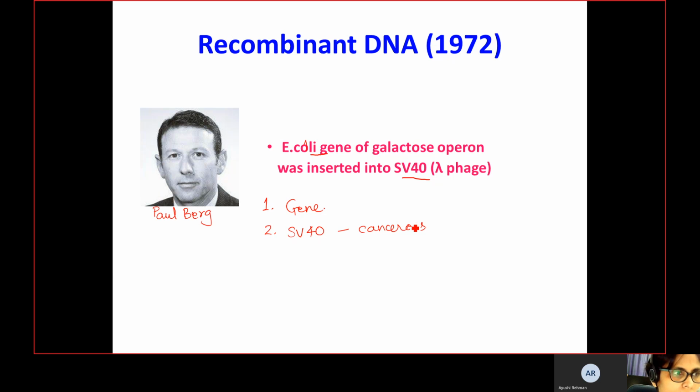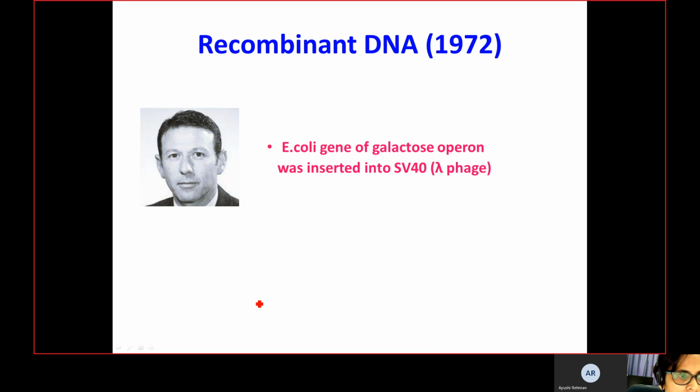So he was convinced from the start that we need some kind of tool to study isolated genes in in vivo conditions. And for this reason, he wanted to use SV40 as a tool to transfect his gene of interest into mammalian cells and express it in mammalian cells. So this was the basis of his work.